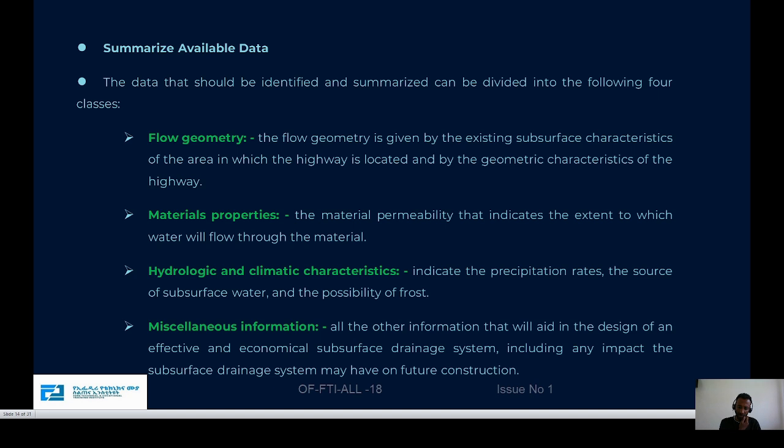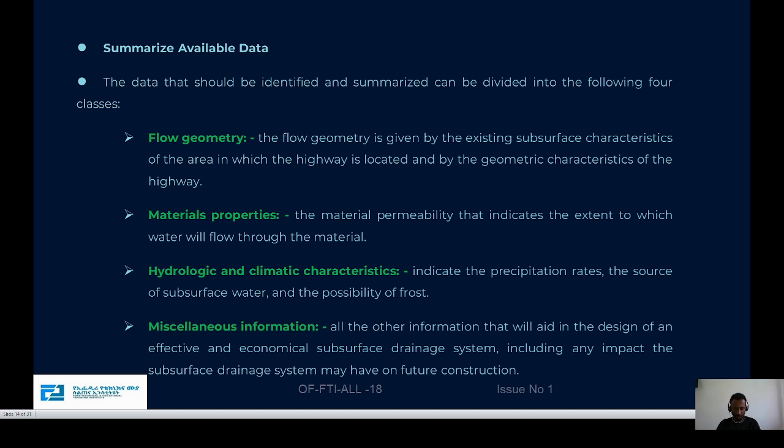Hydraulic and climatic characteristics are also related. The first indicator is the precipitation rate. If there is a high amount of precipitation, the discharge will also increase, and the sources of subsurface water, percolation and groundwater, will also be calculated.